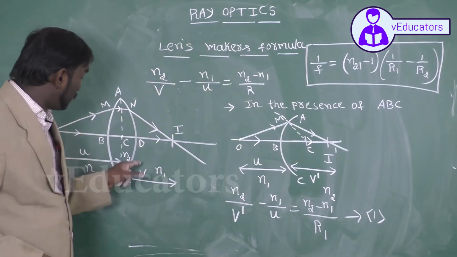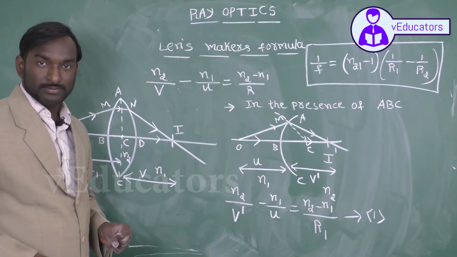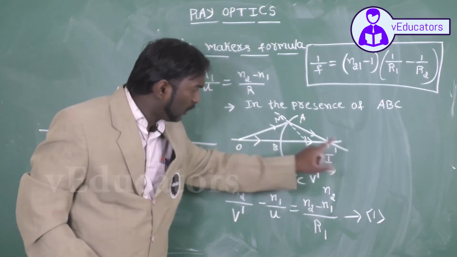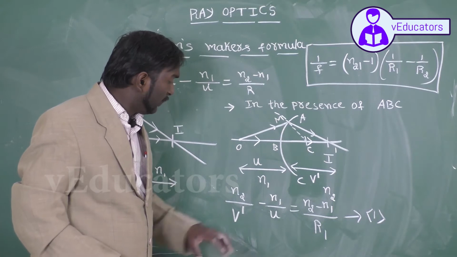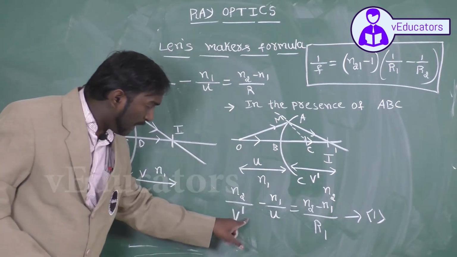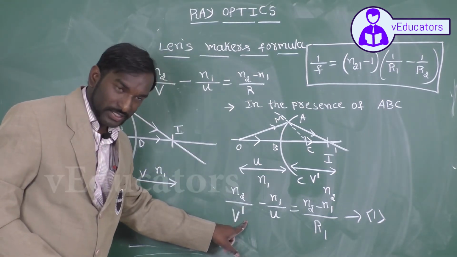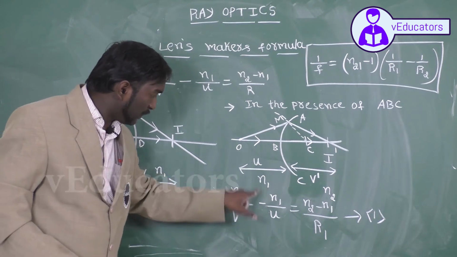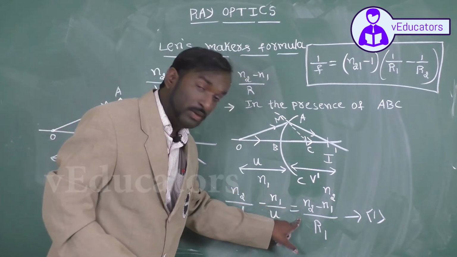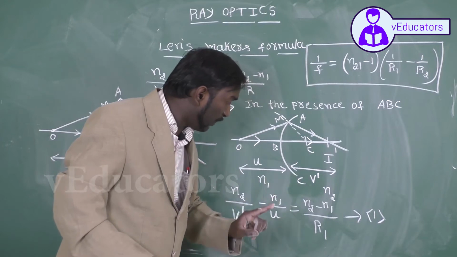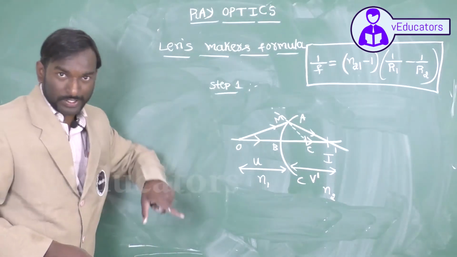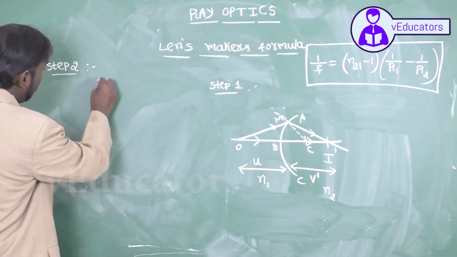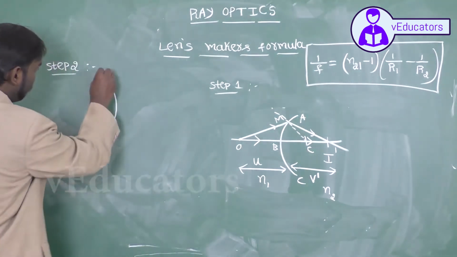In the absence of the second surface ADC, we have an image called I dash at a distance of v dash.